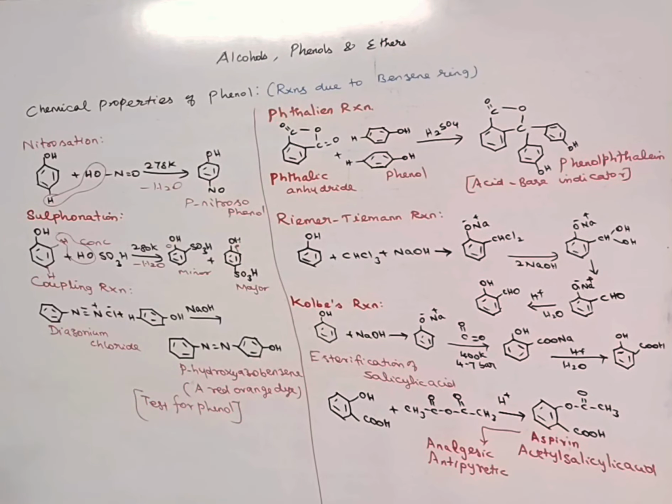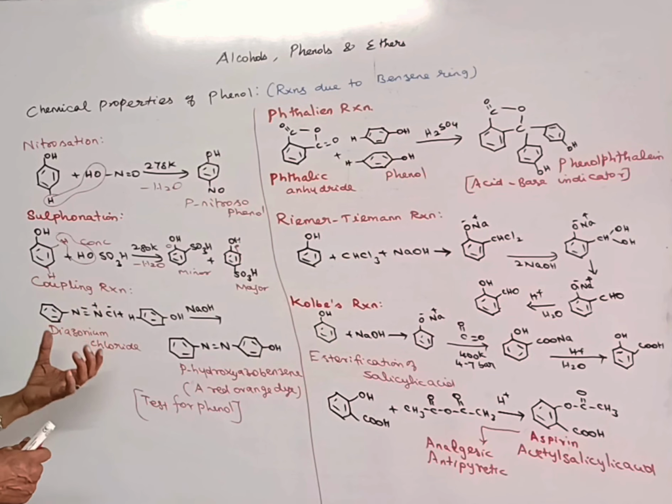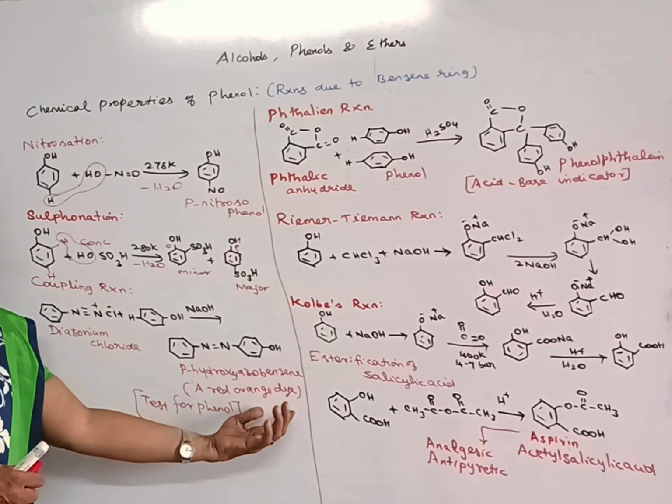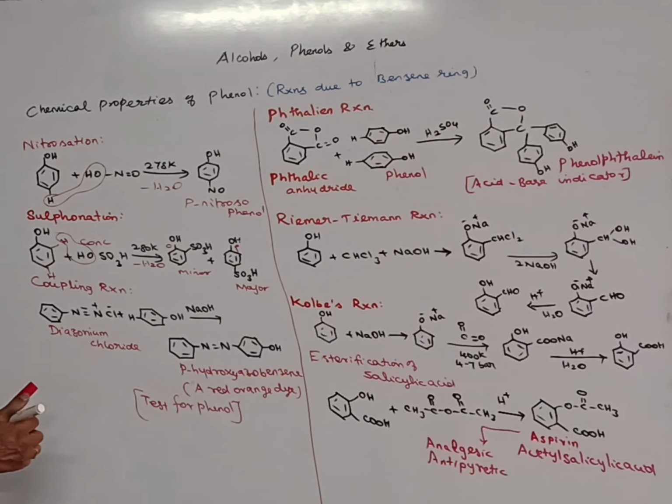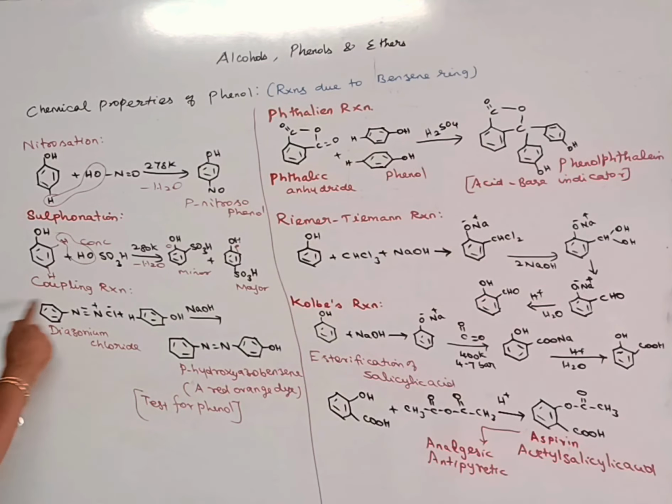The next reaction is the coupling reaction. In the coupling reaction, we will get a dye, the coloring matter. Actually, the coupling reaction proceeds with diazonium chloride and phenol. So diazonium chloride, we know, is C6H5N2Cl.